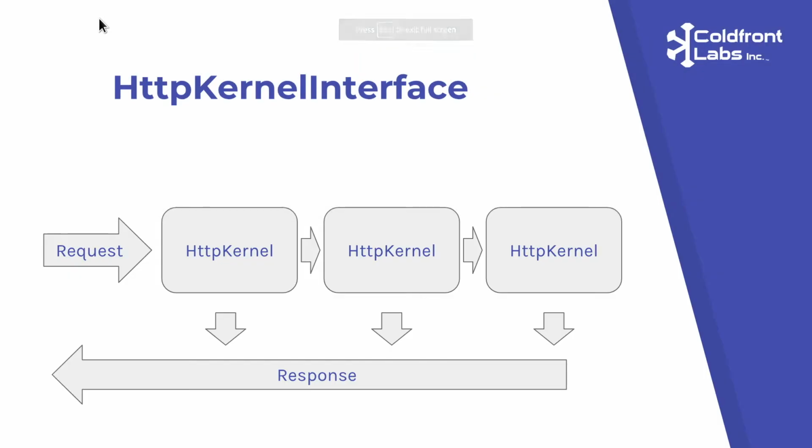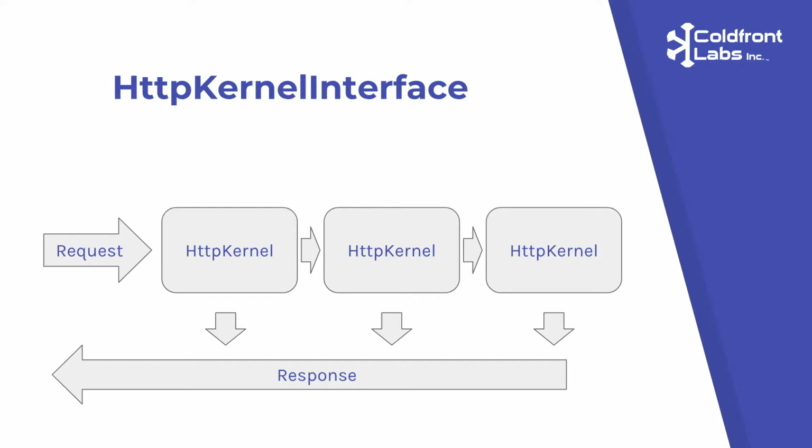But really the way this is implemented is for all these HTTP kernel classes, all they have to do is... what Stack will do is it will get the first one and then a list of classes that are your HTTP kernels. And then as an HTTP kernel class, all you have to do when you start up is decide whether or not you want to call the next one in the list.